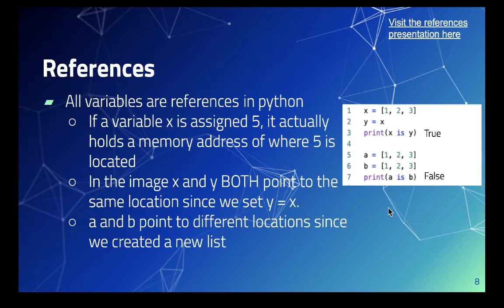Lastly, we talked about references, and essentially what references are is how Python stores values. So even though we have x equal to the list 1, 2, 3, it doesn't actually hold the list 1, 2, 3. What x actually holds is the memory address of where 1, 2, 3 is located.